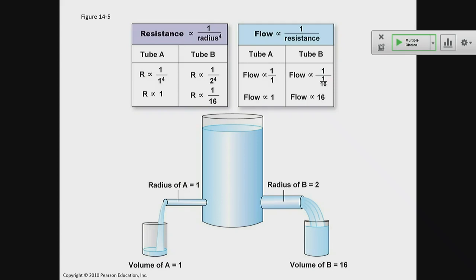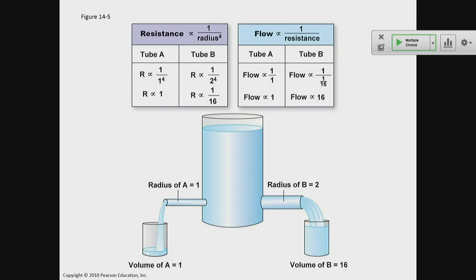Okay, and because the relationship here is inversely proportional to the fourth power of the radius, that implies that when you decrease the radius of a blood vessel by a factor of 2, so decreasing by a factor of 2 means it's now 1/2. If the radius is 1/2, then radius to the power of 4 will be 1/16.